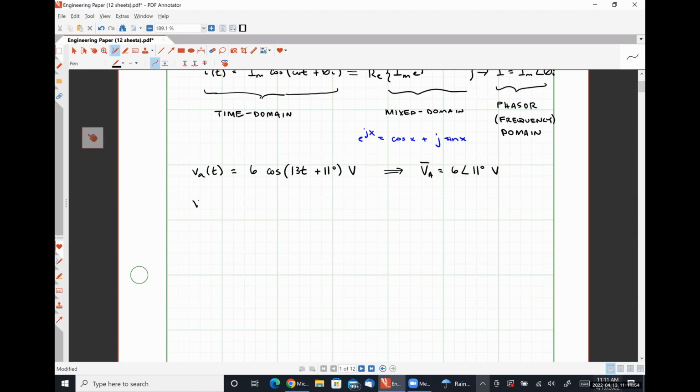If I had a voltage VB of t that was 8 sine(19t plus 50 degrees) volts, what would my phasor domain representation be?